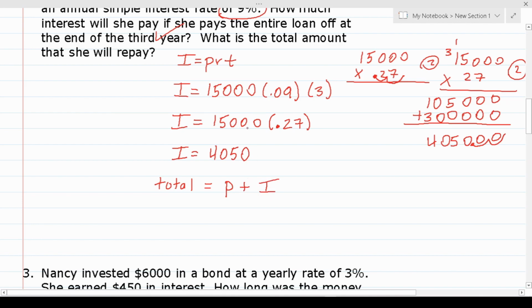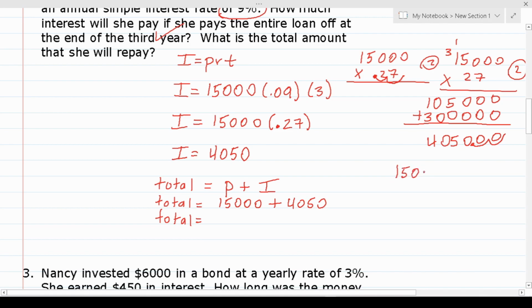So in this case, we know our principal is $15,000. We know I is $4,050. So to find the total that she'll owe, we're going to take $15,000 plus $4,050.